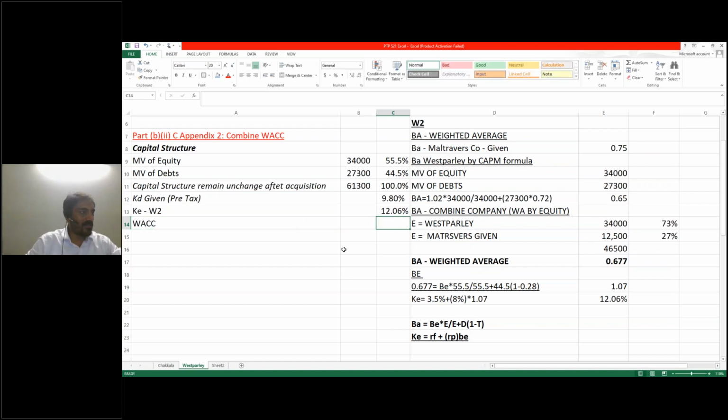Answer me about the WACC. It is equal to 12.06 multiplied by 55.5% bracket close, plus 9.8% multiplied by 0.72 tax adjustment, multiplied by 44.5%.